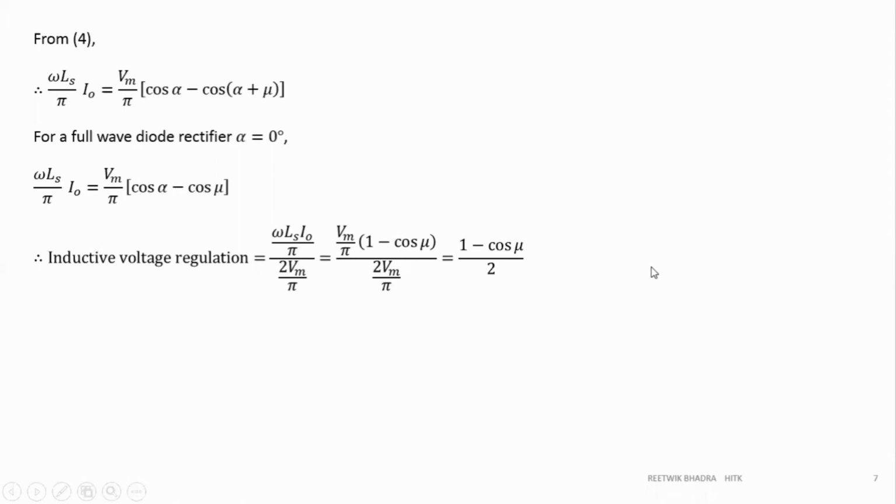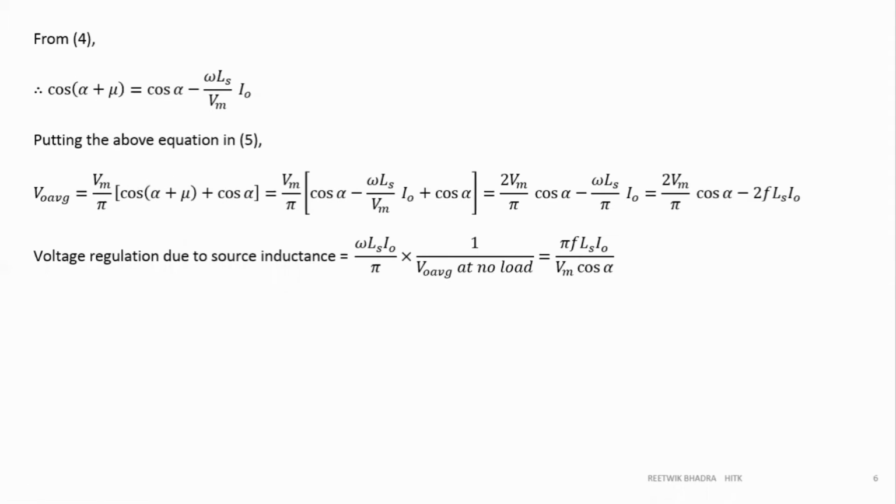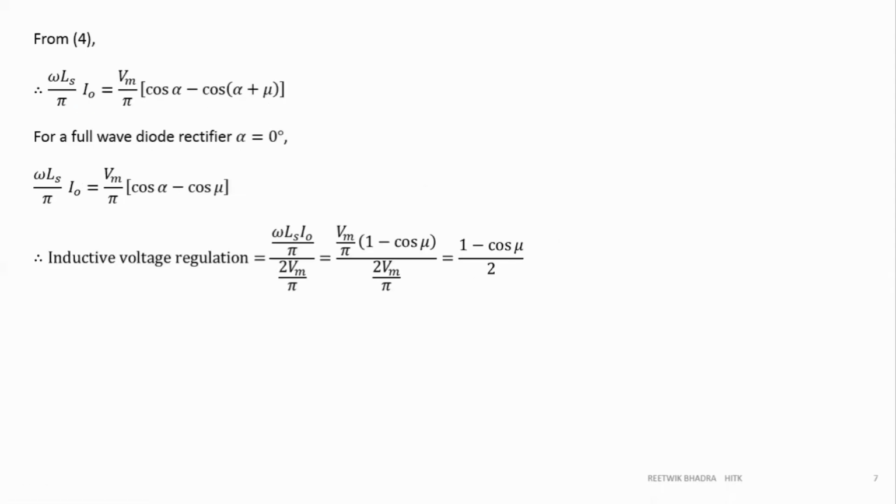And also you can calculate some values like inductive voltage regulation when you are using a diode rectifier. So what happens with a diode rectifier is your alpha becomes 0, right? Because in a diode you don't have to give any firing. So if your alpha becomes 0, that time my equation gets modified, and put your alpha 0 over here.